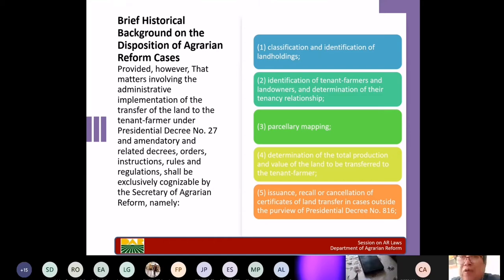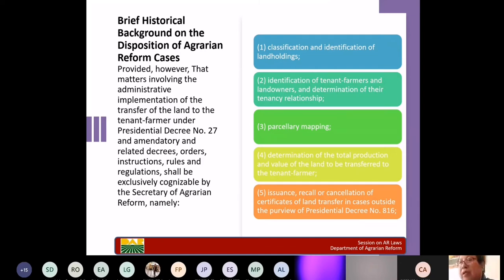So if you will notice, even way back in 1976, during the enactment of PD 946, the jurisdiction in the disposition of agrarian reform cases was already twofold.